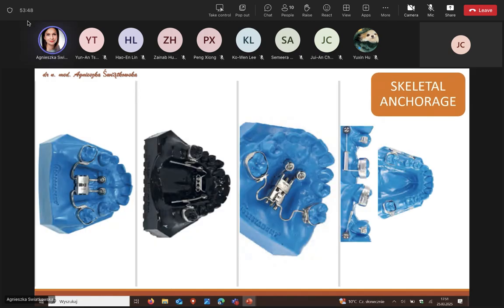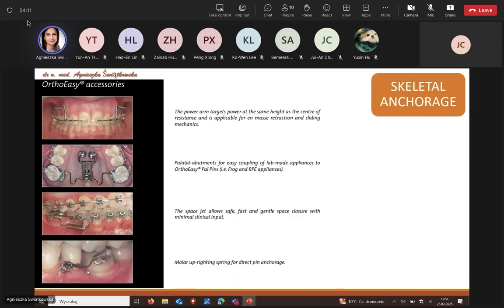And appliances which we can use on implants for distalization, here for correction of molars which have mesial inclination. Once again, this is for uprighting the first molar. We can use a micro screw here, and here is a typical tube, and this is the part of the appliance for uprighting.